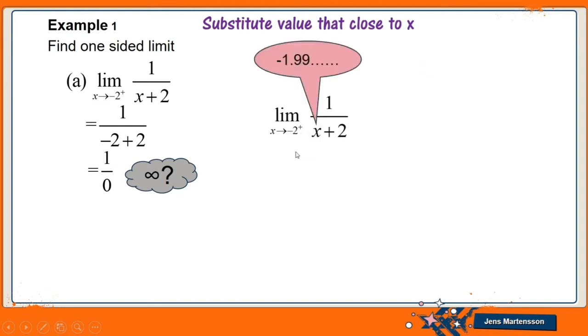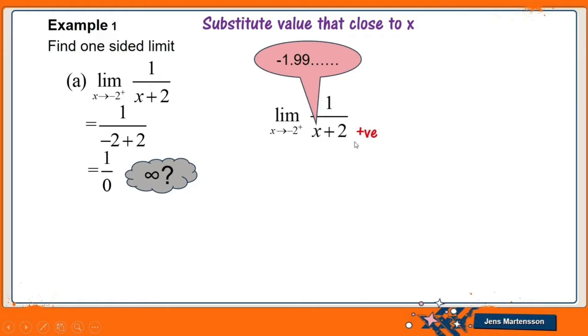Okay, for example, we choose the value negative 1.99. Negative 1.99 plus 2 is positive.